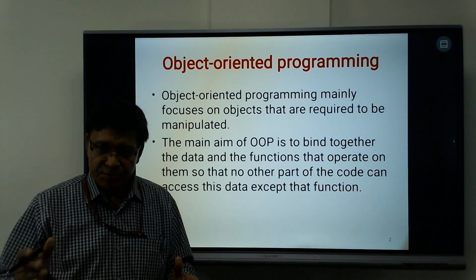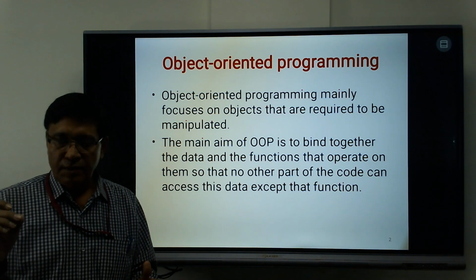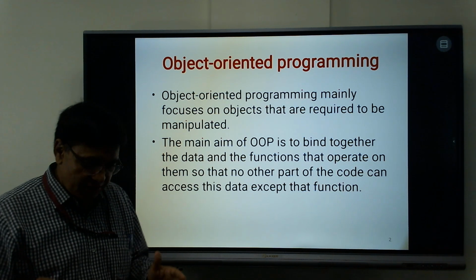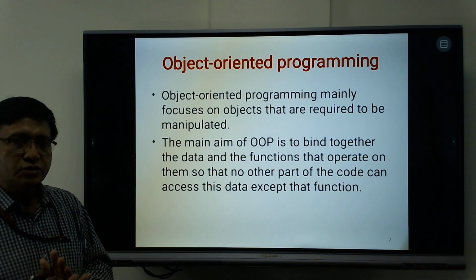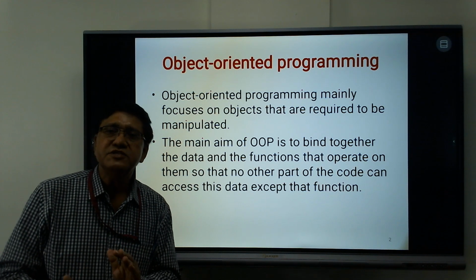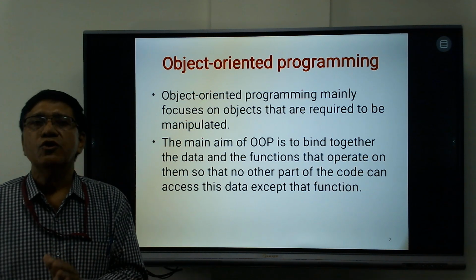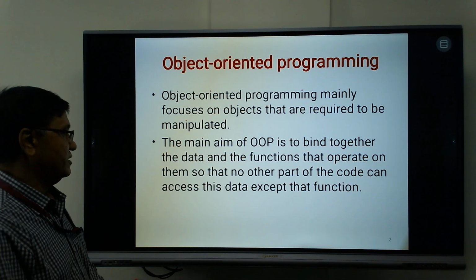In the case of object-oriented programming, all the member variables and the functions are tied together into one entity, that is known as the class. So by this, the functions which are not part of the class cannot use the members of the class.